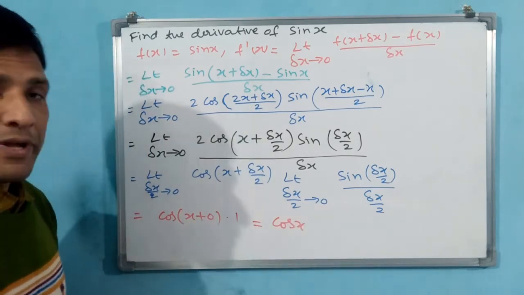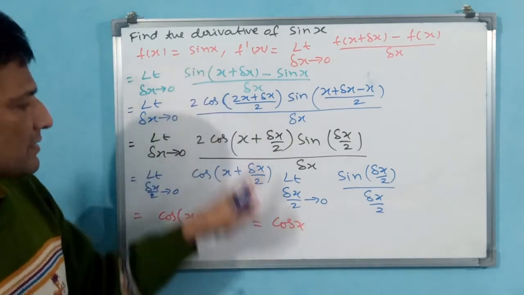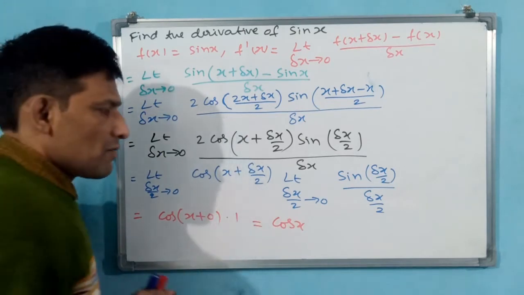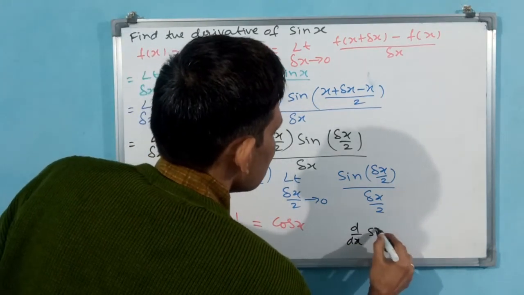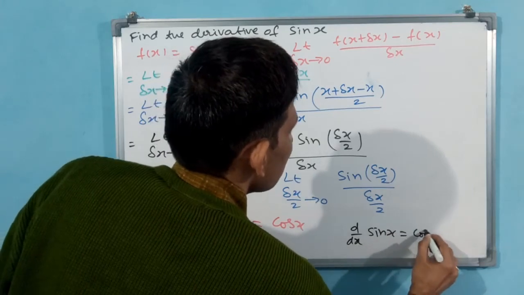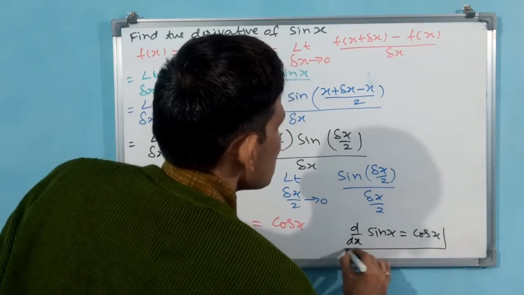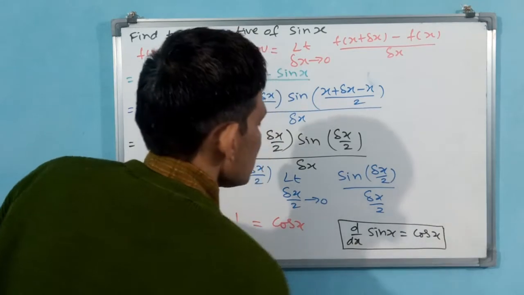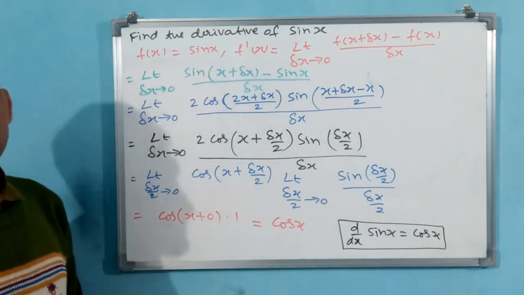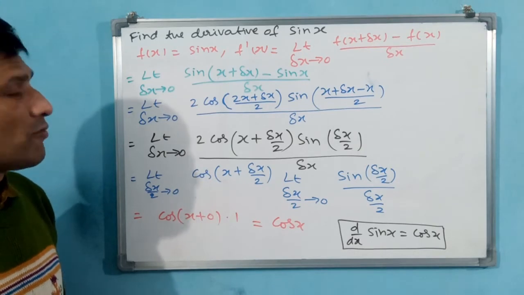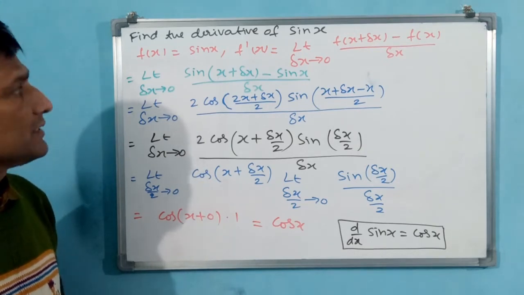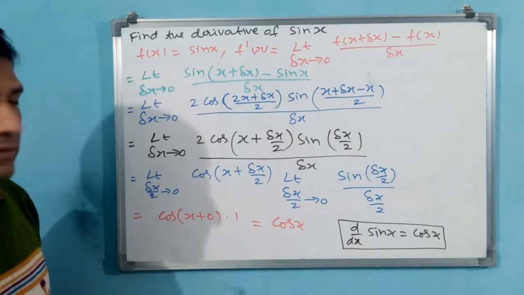This is a very important derivation. d by dx of sin x is equal to cos x. One box also you have to write like this. You see, d by dx sin x is equal to cos x. You understand now? Write down this. We will go for cos x also, d by dx cos x.